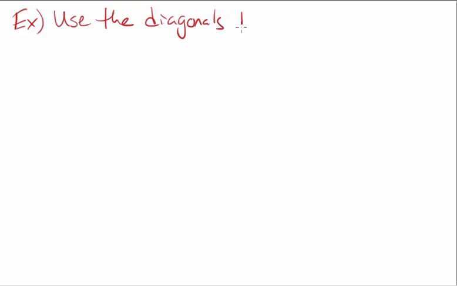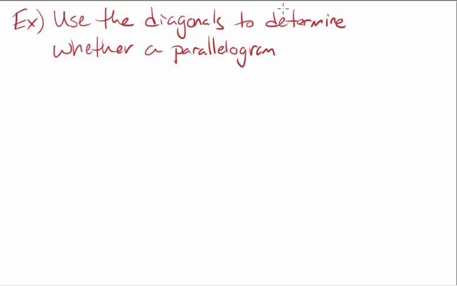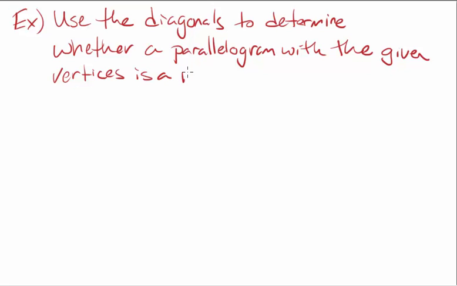We're going to use the diagonals to determine whether a parallelogram with the given vertices is a rectangle, rhombus, or square.